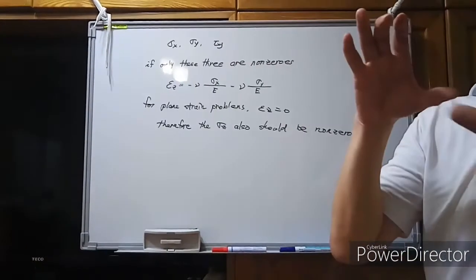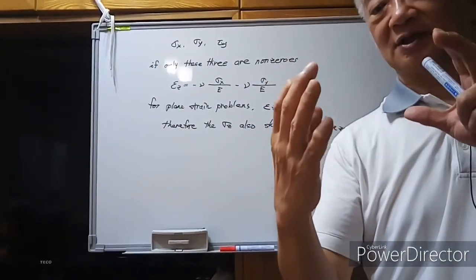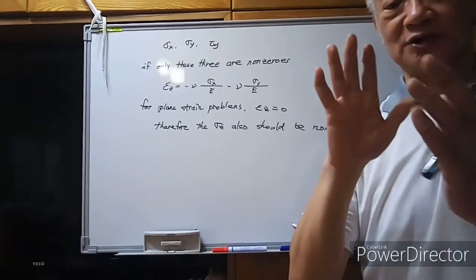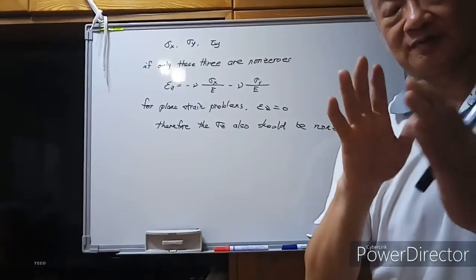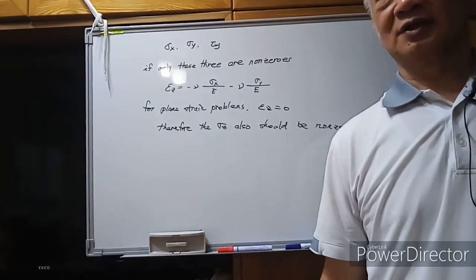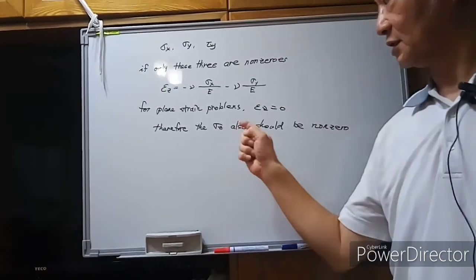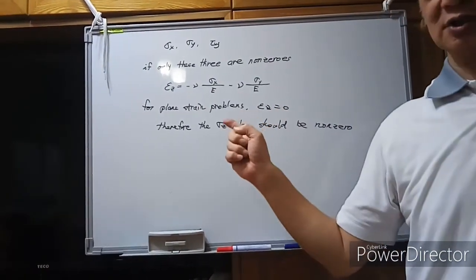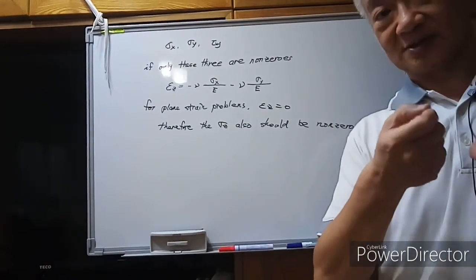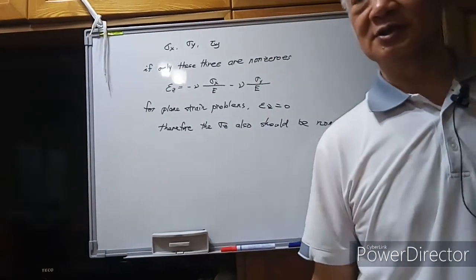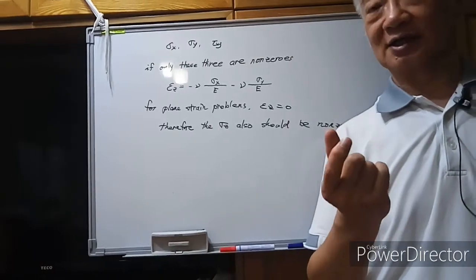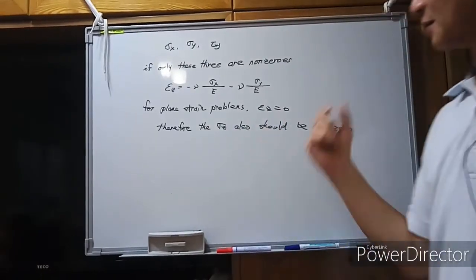Since we have the strain on the xy plane, it will also have the corresponding strain along the z direction. If you like to get the epsilon z always equal to 0, you must have some stress perpendicular to the xy plane. So that's the sigma z.